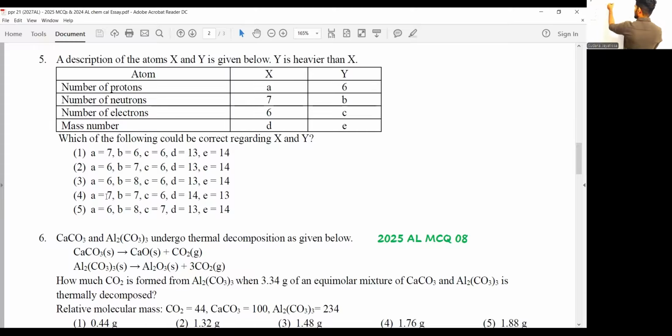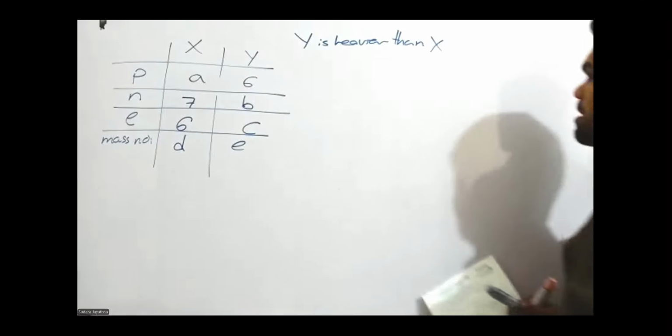So here X and Y. Okay, it says Y is heavier than X. That is also given as information. You can start the question with that.